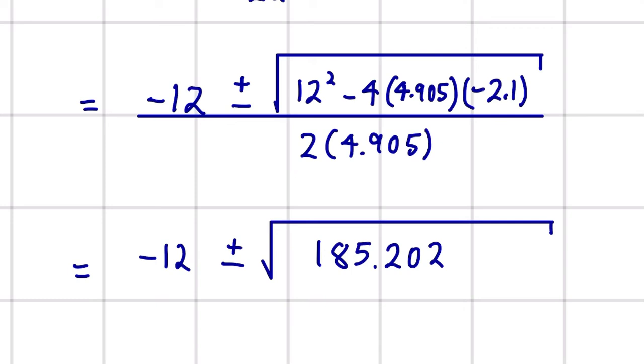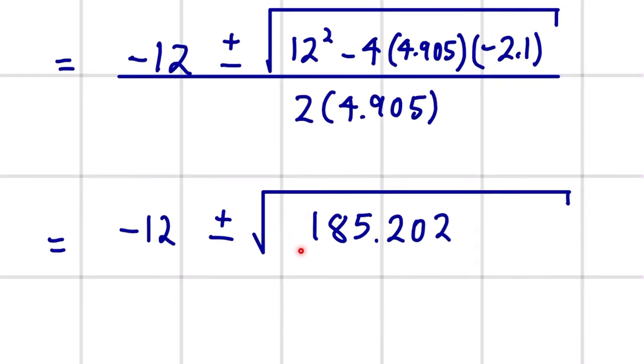And you'll know that 12 squared is 144, and this value here is going to be added because we have a double negative and a negative. So we're going to have 4 times 4.905 times the negative 2.1. When we subtract a negative value, it becomes a plus.